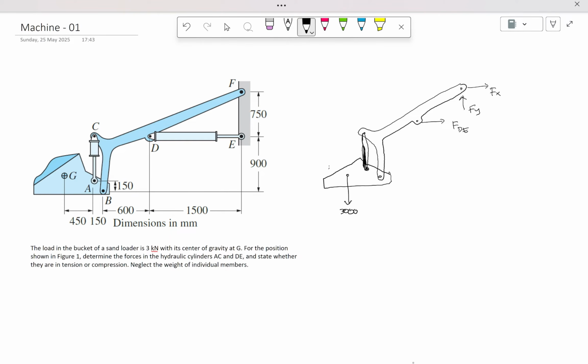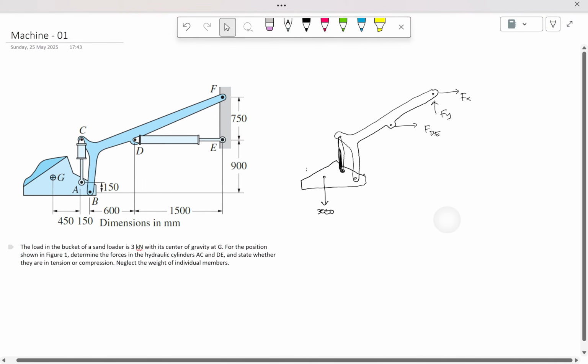If you evaluate this sand loader as a whole, you have three unknowns: Fx, Fy, and FDE, and then you have the 3 kilonewton load. So basically you can find FDE, Fx, and Fy, and get the answer to one of the questions, the force in the cylinder DE.